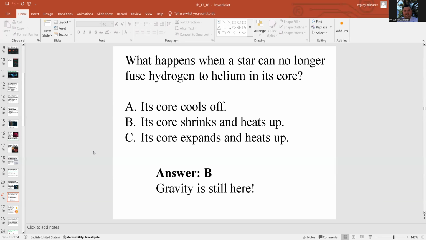And that's where the next level of fusion begins. So the core shrinks and heats up dramatically because, once again, gravity converts gravitational potential energy into thermal energy. And that's the mechanism to heat up the core to dramatic temperatures.